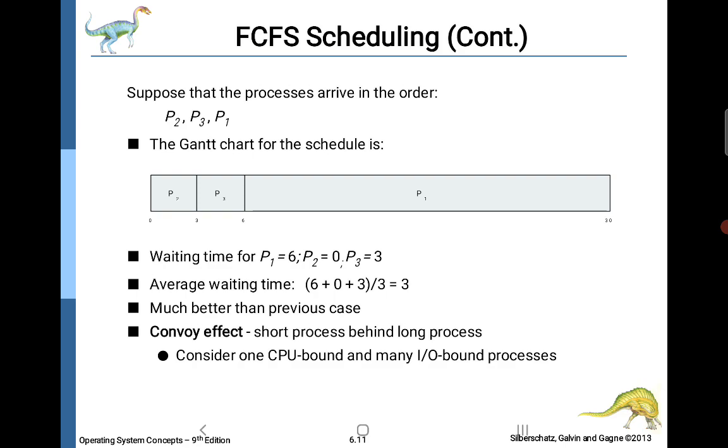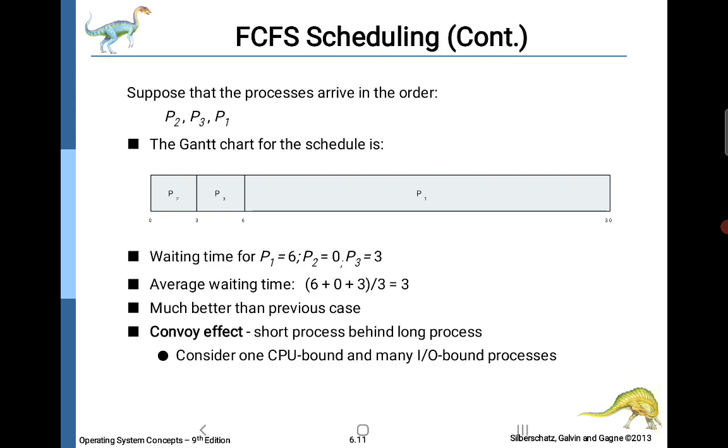If by any chance P2 and P3 arrive before P1, the scenario will be completely different, where waiting time for P1 would be 6 because P2 needed three time units and P3 needed 3 time units. Waiting time for P2 will be 0, for P3 will be 3.